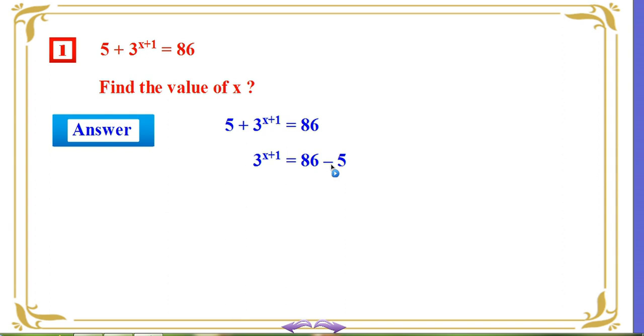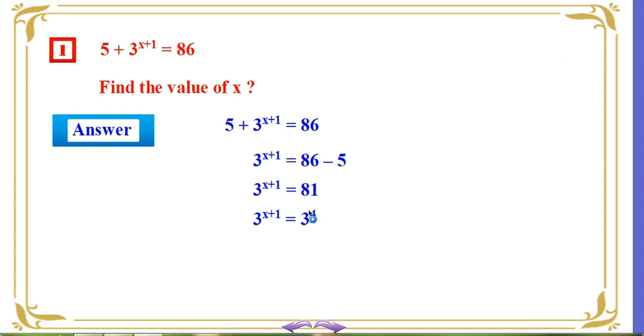So we get 3 to the power of x plus 1 equals 81. Here you convert both sides to the power form with the same base or the same exponent. So we are going to convert 81 into 3 to the power of 4.